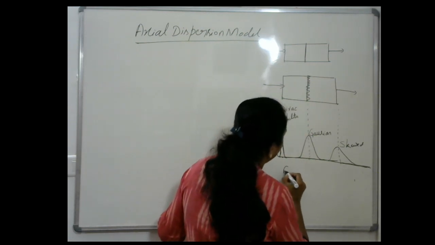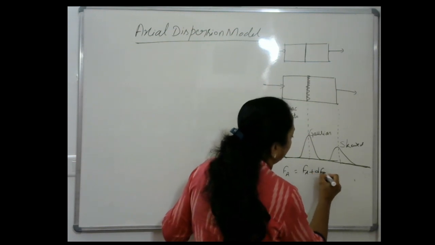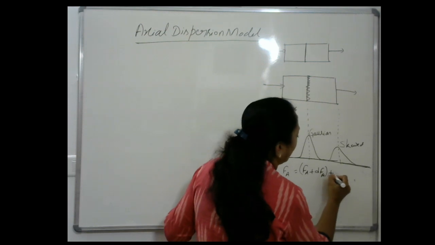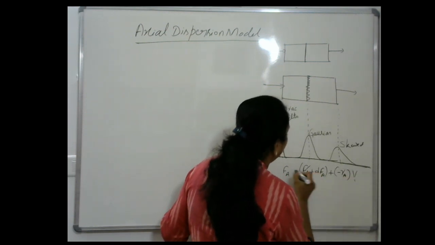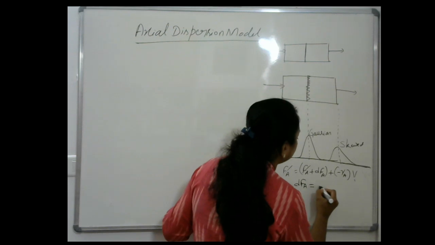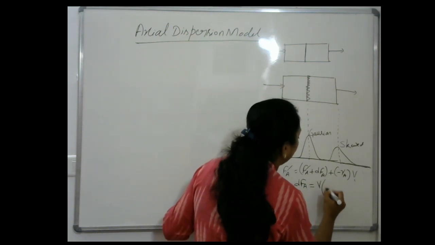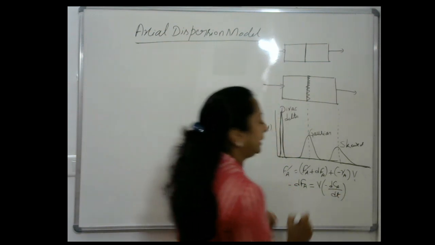Input is equal to output, with dF_A, no accumulation, and the rate of disappearance is minus r_A into V. You cancelled this and wrote minus dF_A is equal to V into minus r_A, which can be written as minus dC_A by dt.